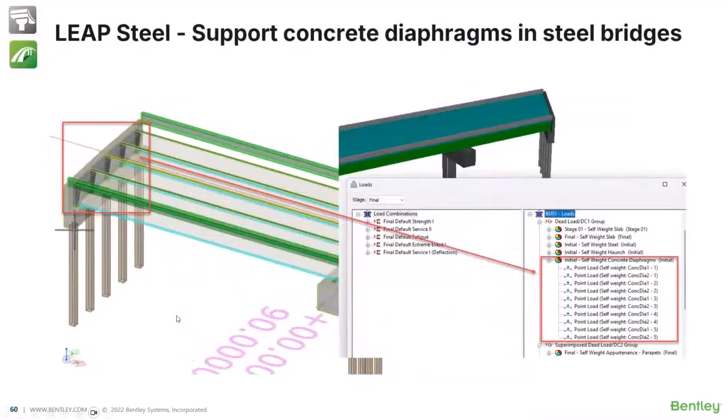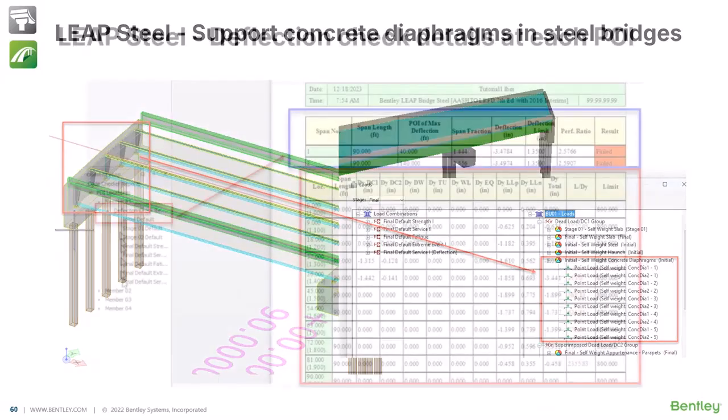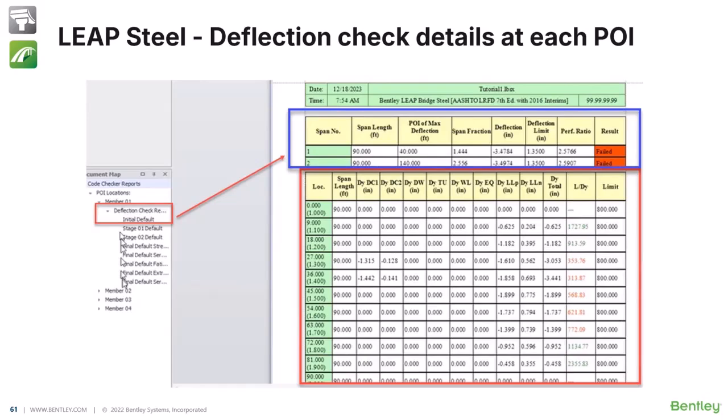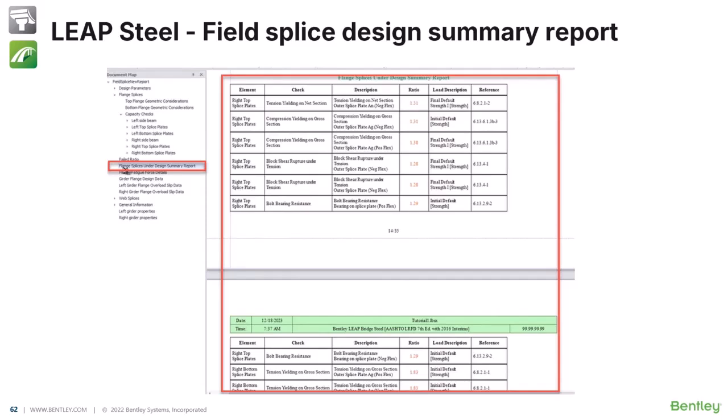In LEAP Bridge Steel, we support now the concrete diaphragms that are coming from OBM, steel bridges now. Deflection checks at every point of interest, right? Field splice design on the summary report, so we can activate that too.